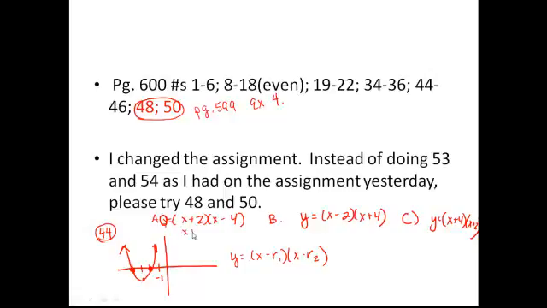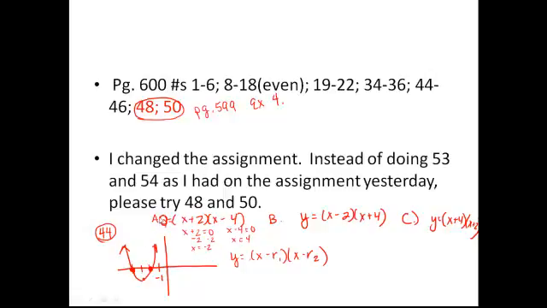My solutions would be when x plus 2 is equal to 0, and when x minus 4 is equal to 0. I'm going to be using that zero product property to solve for my solutions. X equals negative 2. This one is going to be x is equal to 4. My solutions, or the x values of the x-intercepts, are negative 2 and 4.